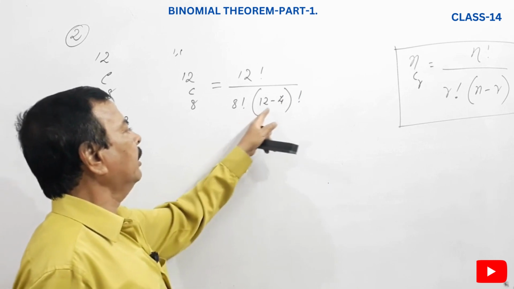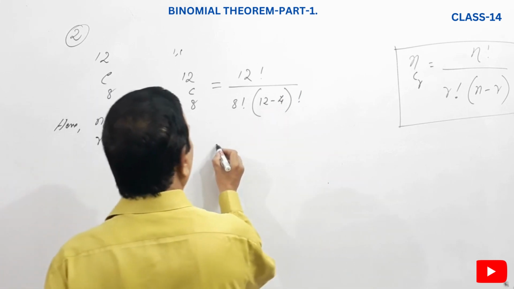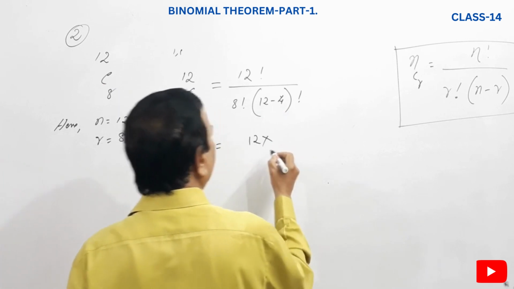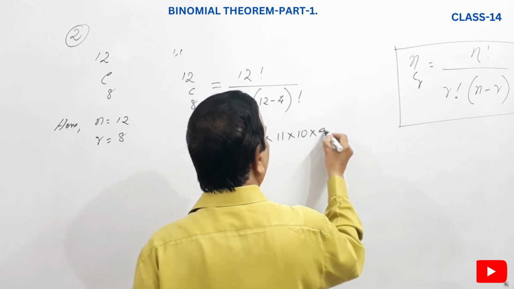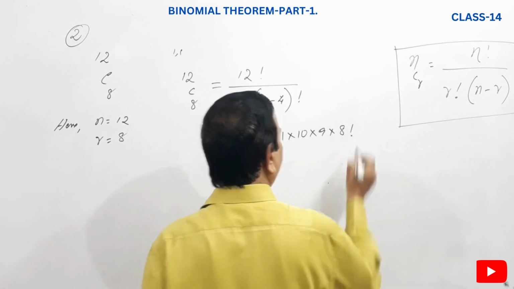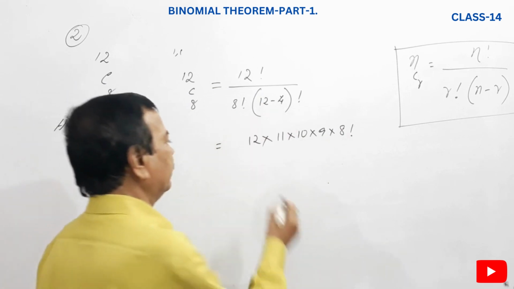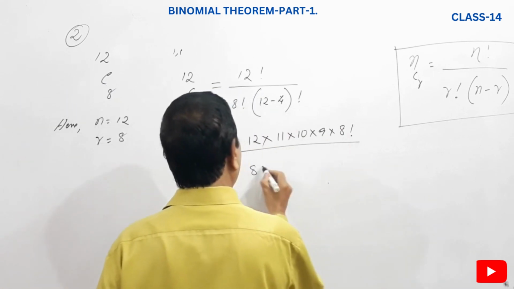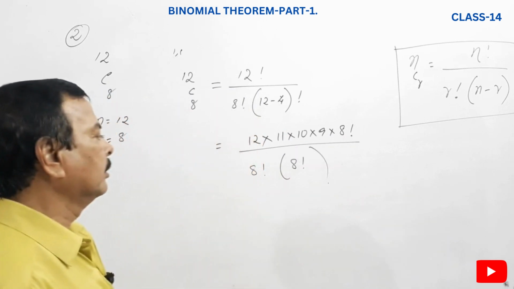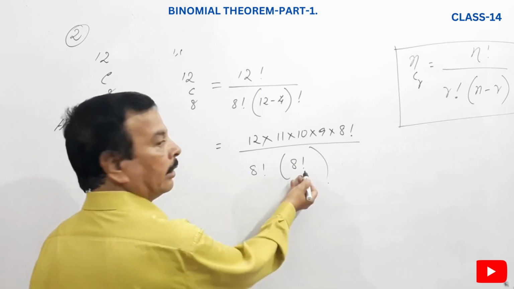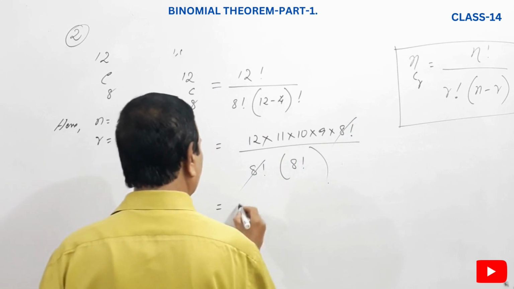So 12 minus 8 is 4, not 8. We write 12, 11, 10, 9, 8 factorial. Stop at 8 factorial, because this can be cancelled, no issues. So divided by 8 factorial, and we can cancel one against the other.